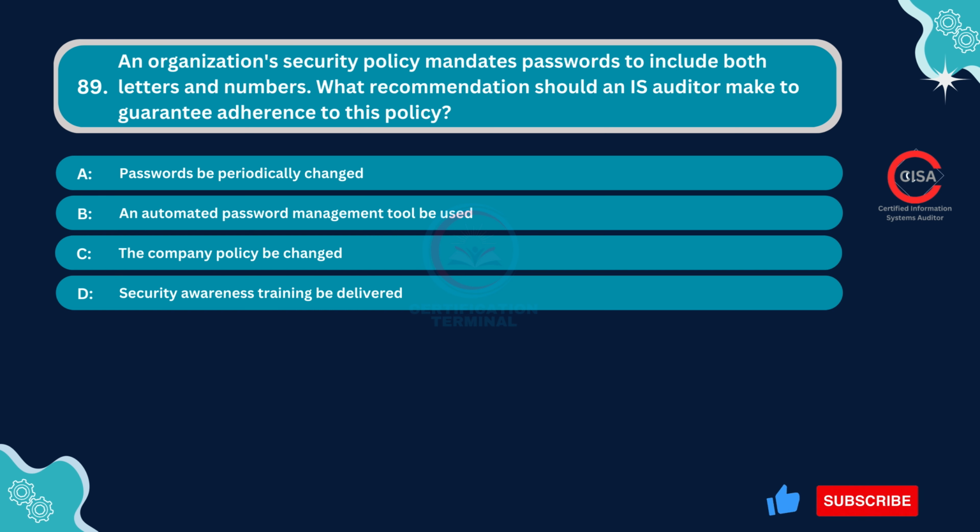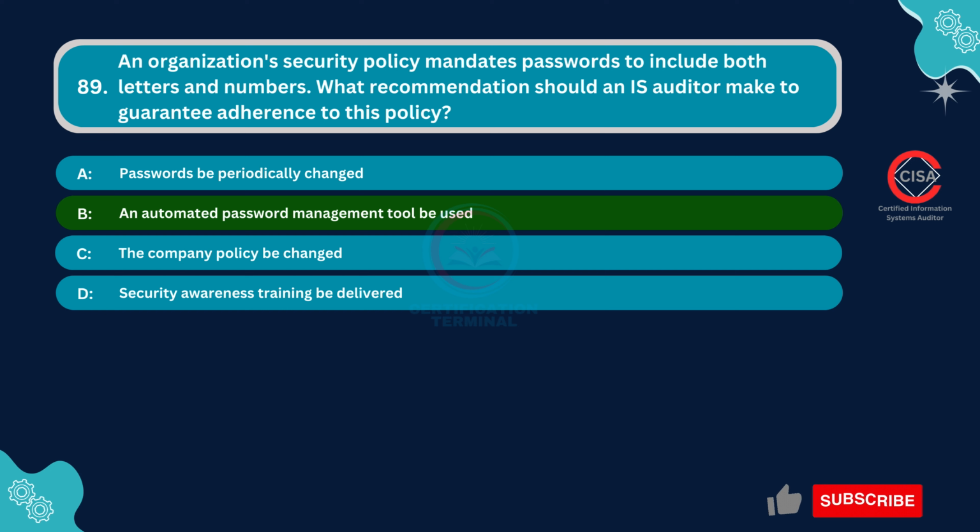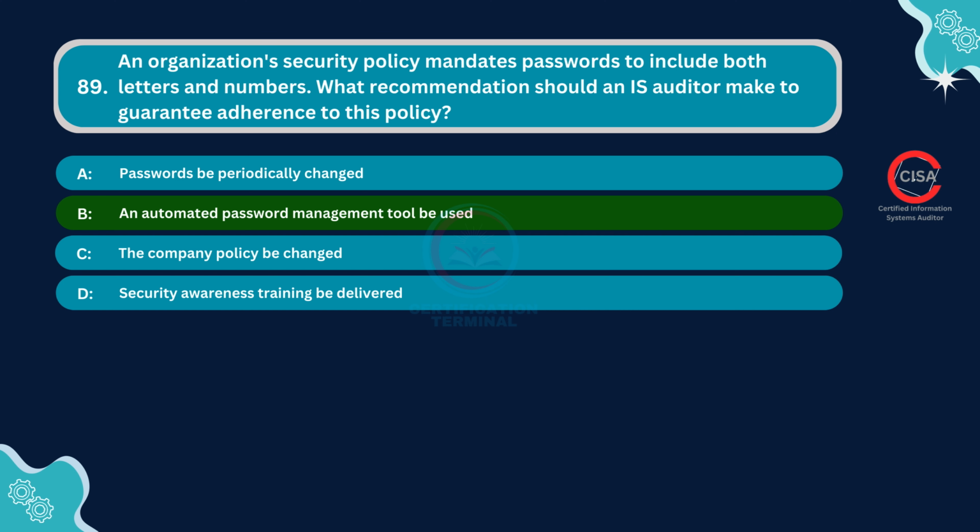The correct answer is Option B, an automated password management tool be used. Automated password management tools can be configured to enforce complexity requirements defined in the security policy, including mandating a combination of letters and numbers. This ensures users create passwords that meet the policy criteria. While users can create complex passwords manually, it can be challenging to remember them.